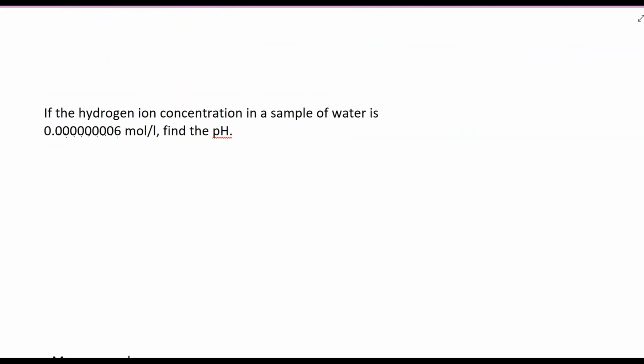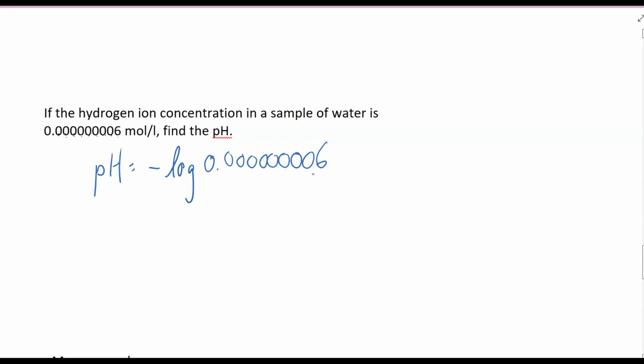Another question involving pH is where we have to find the pH. If the hydrogen ion concentration in a sample of water is 0.000000006 mole per liter, find the pH. Well, pH equals the negative log of the hydrogen ion concentration of 0. And that was 1, 2, 3, 4, 5, 6, 7, 8 zeros, and a 6.